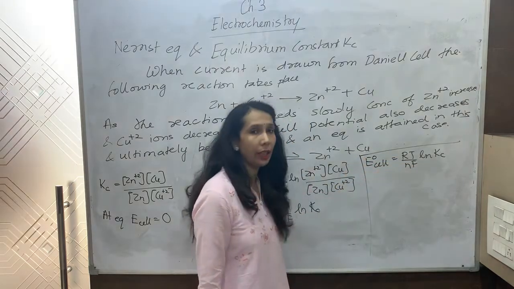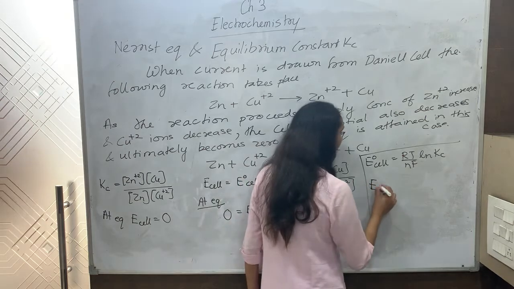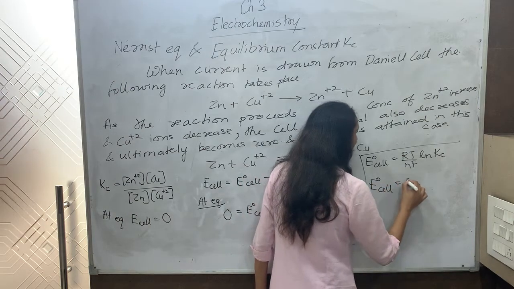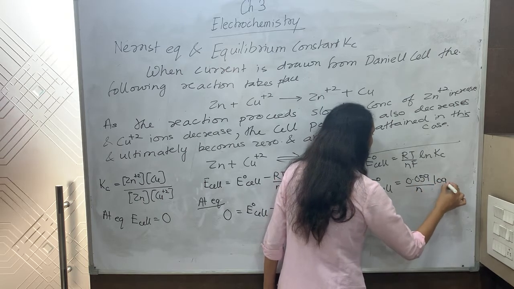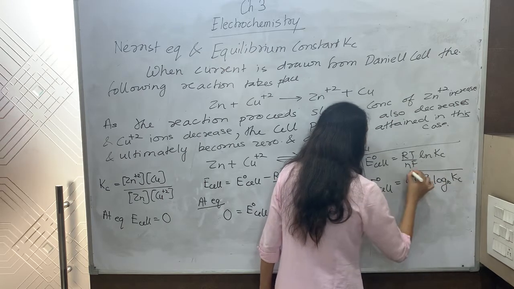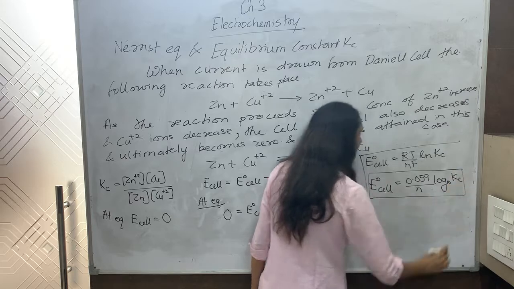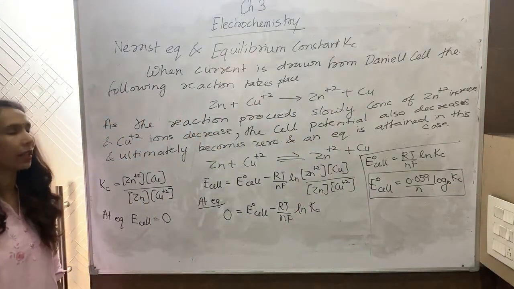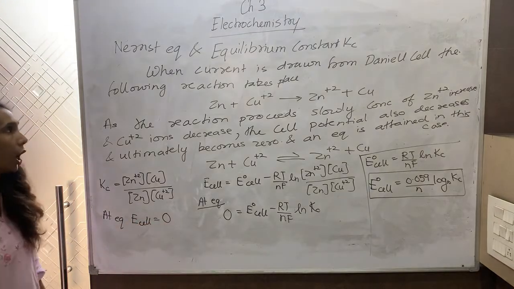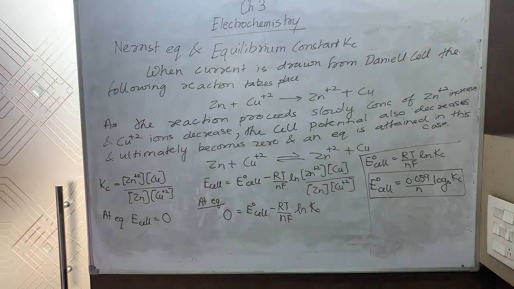I substitute these values here, and finally the relationship we get is E naught cell equals 0.059 upon n log to the base 10 Kc. So if I note the standard cell potential, I can calculate the equilibrium constant for that reaction. This is how, from the Nernst equation, I can find out the equilibrium constant Kc.